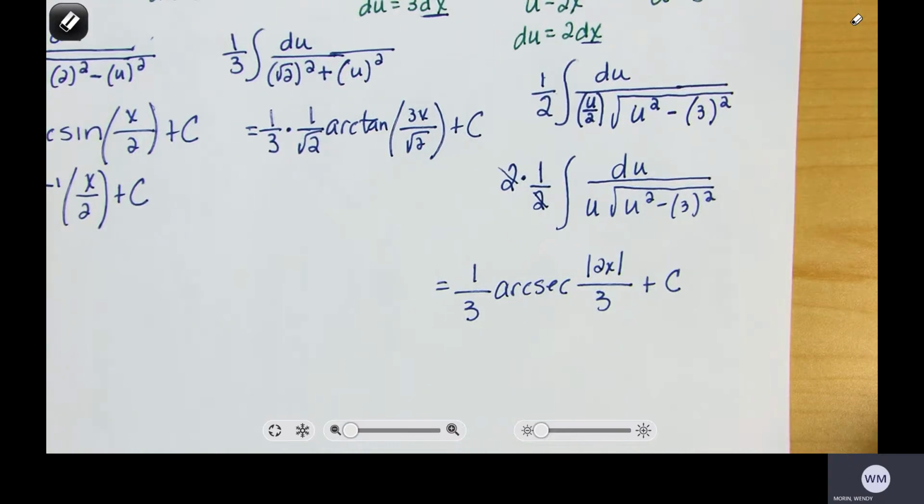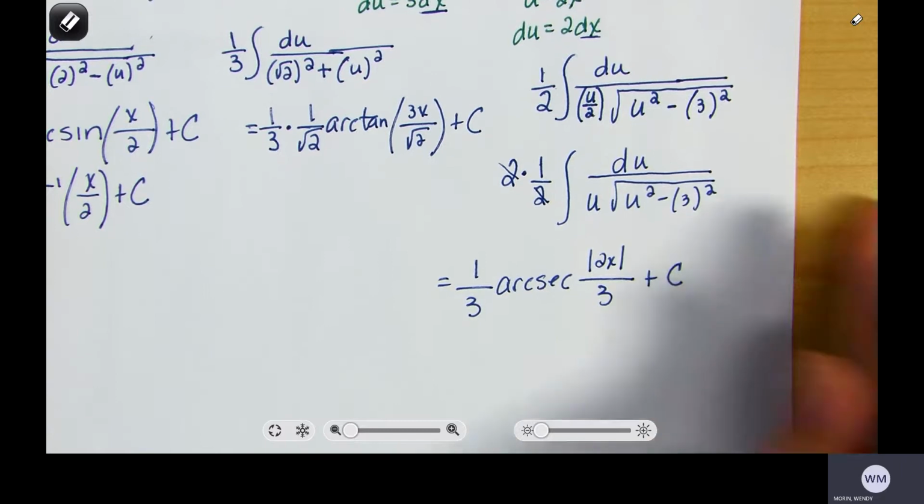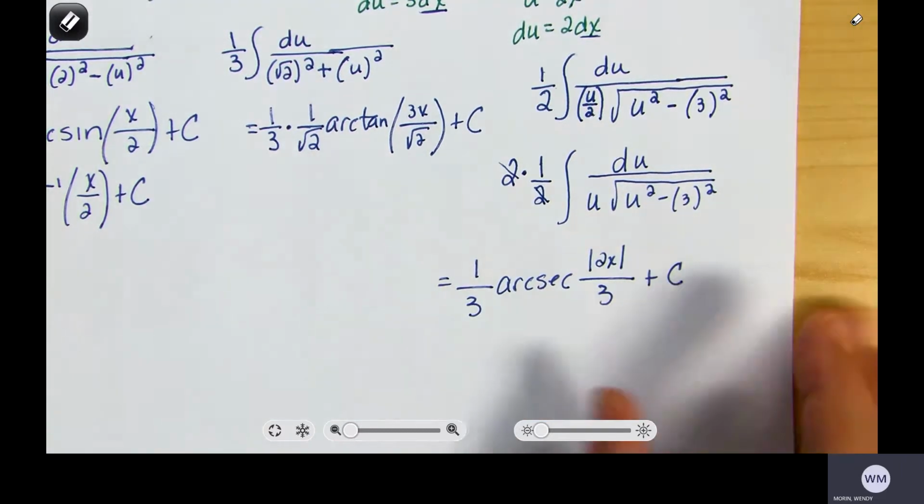Okay? So those are the 3 you should know. Okay? All right, we're going to be using some of these in the next problems too.